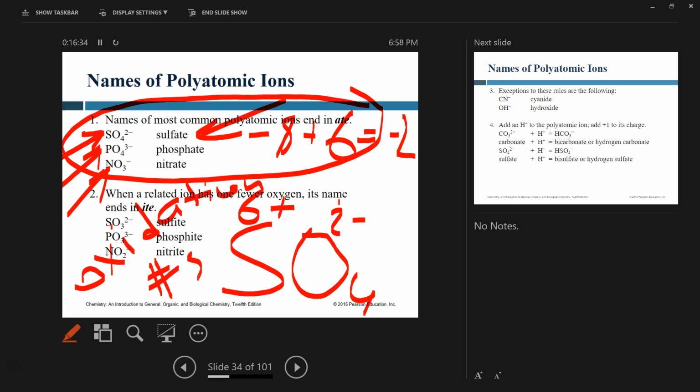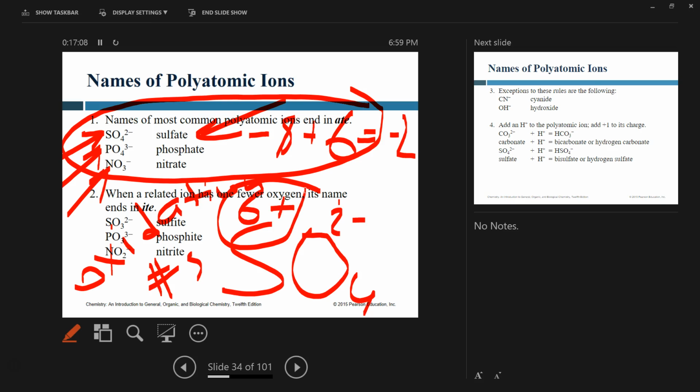Do you understand what I just said? Sulfur has an even number of valence electrons on its outer shell, 6. One oxidation number that we just learned about is 6 plus. Another one that is really common is 4 plus. Another one that is really common is 2 minus. Those numbers are all even numbers. Do you follow?